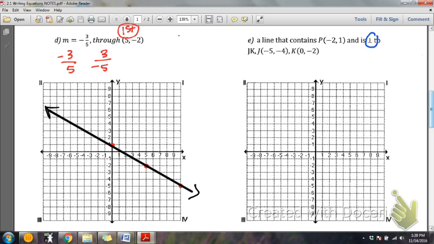So how would we find the slope that we want to use if we know that it's perpendicular to JK? The opposite reciprocal of the slope of JK. All right, so Brianna is reminding us that we need to find the slope of JK first. Find the slope of JK first.